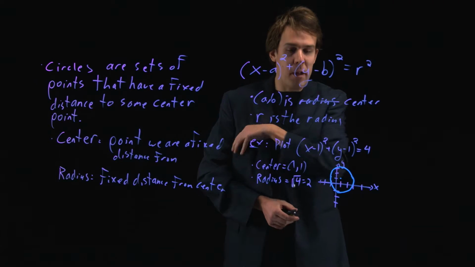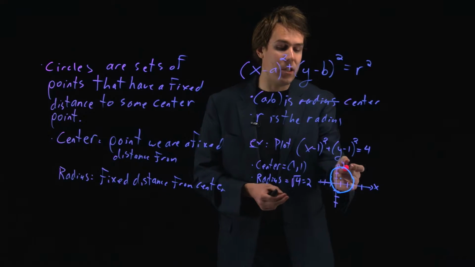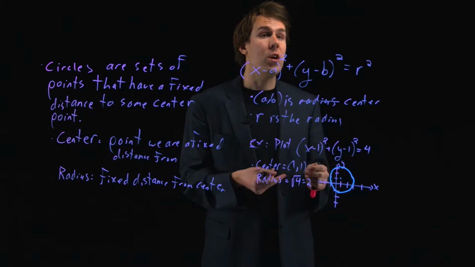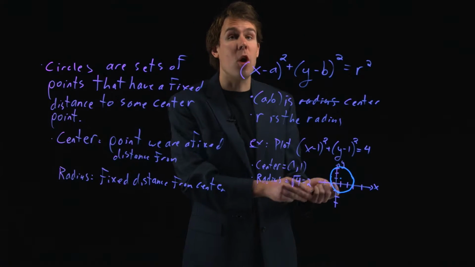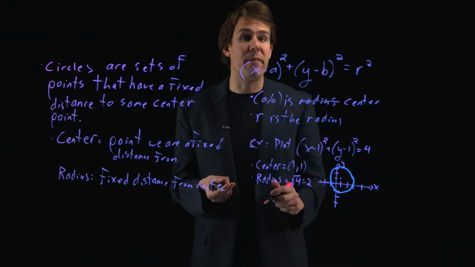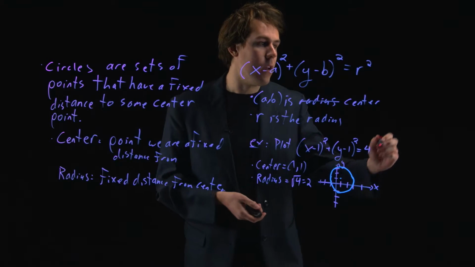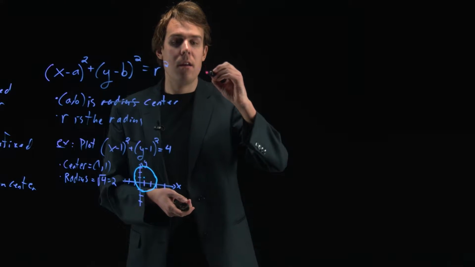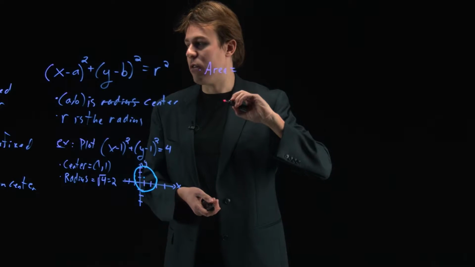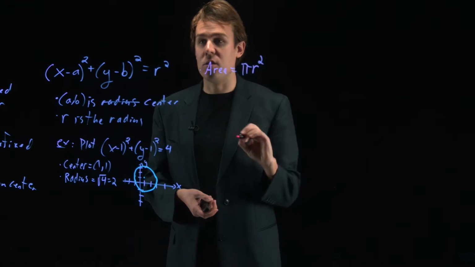So what kinds of geometric quantities can we measure with a circle? Well, we can measure the distance around it, which we call the circumference, and we can measure the space inside of it, which is called the area. These concepts might already be familiar to you, but I'll review them briefly. The area formula for a circle is simply pi times the radius squared.